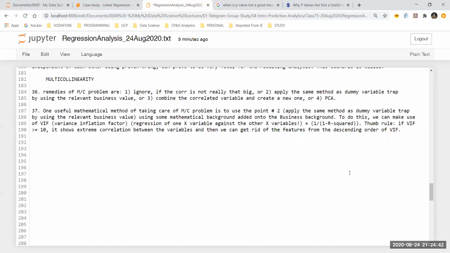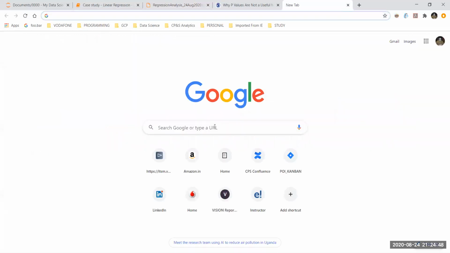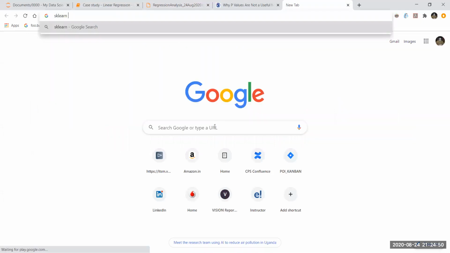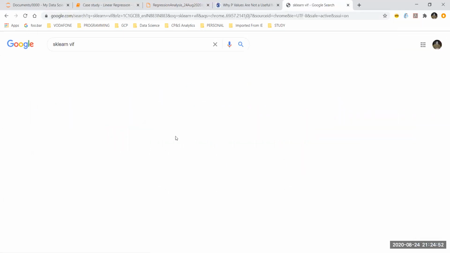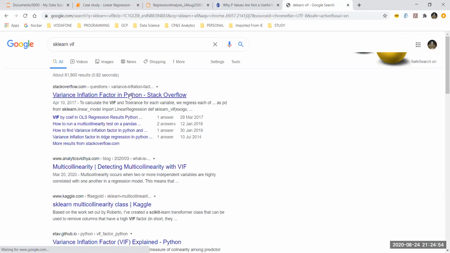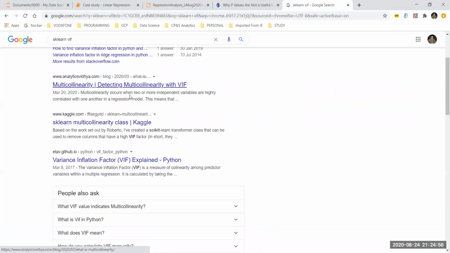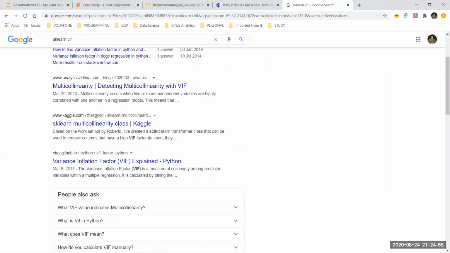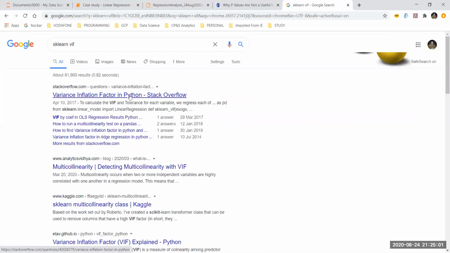There is already a very useful library for this. Let me save this first and look into sklearn VIF. It should be variance inflation factor. No, sklearn does not have it.